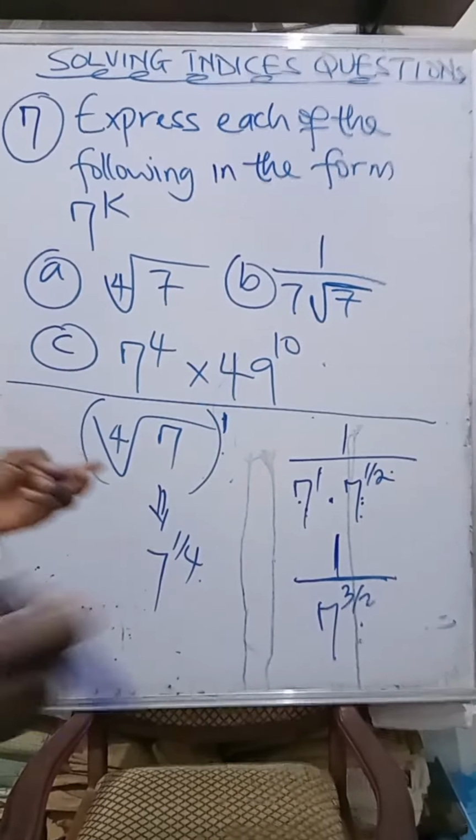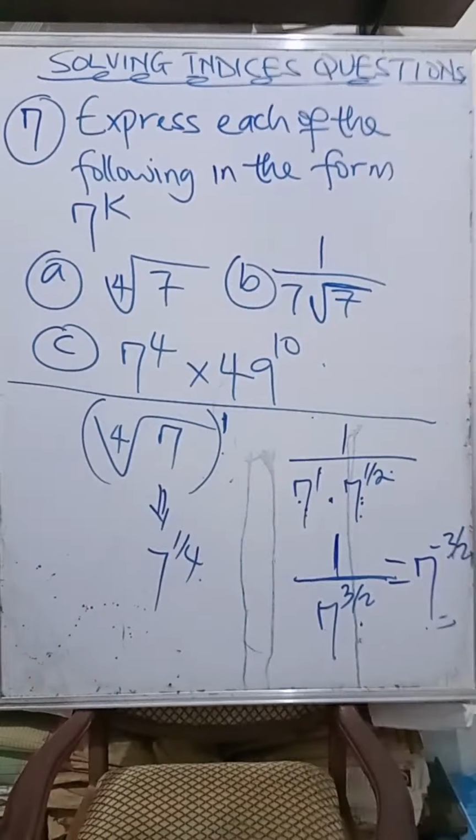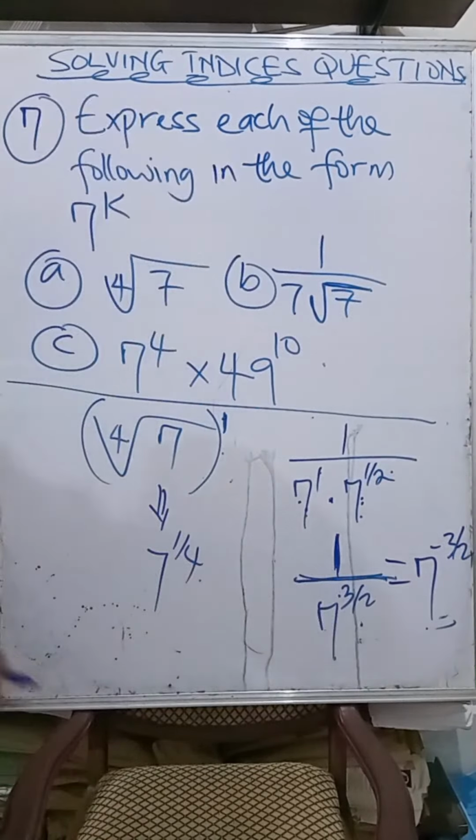How do we do that? This will be equal to 7 to the power minus 3 over 2, which implies K is minus 3 over 2. Once we remove this 1 over, it becomes a minus on that exponent. So that's that on the second one.